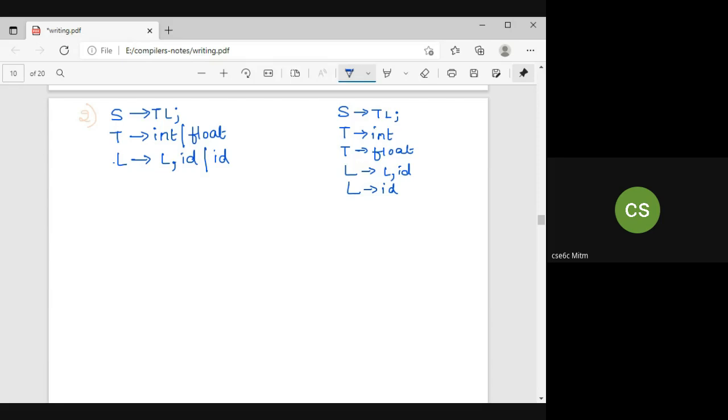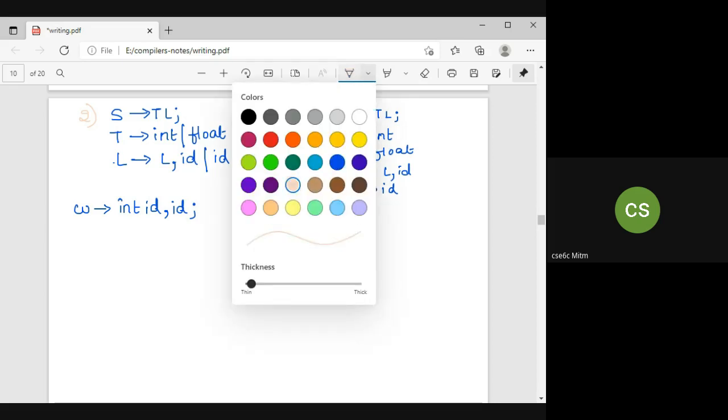Next, consider the input string: int id, comma id, semicolon. Int id, comma id, semicolon.